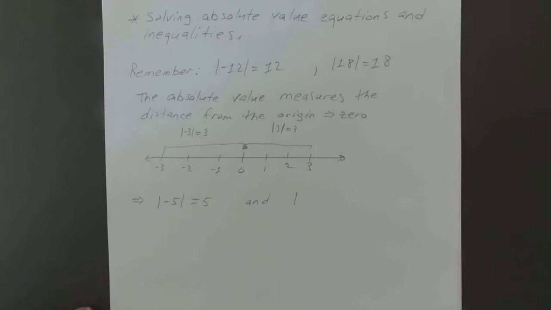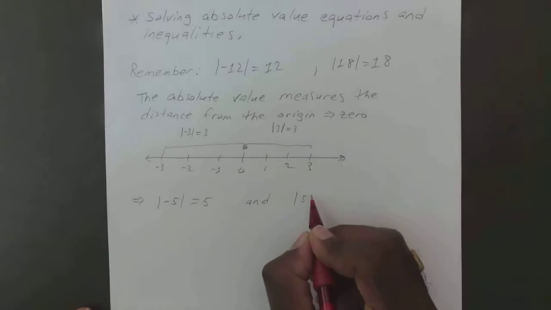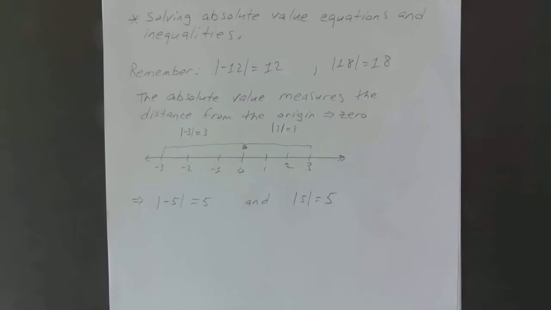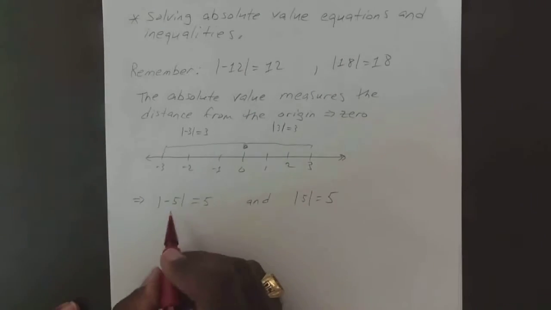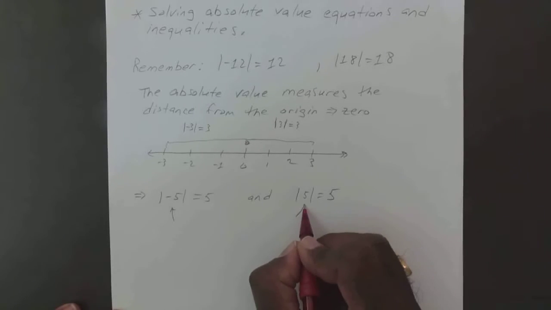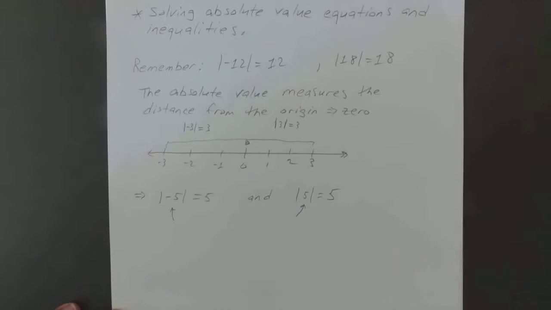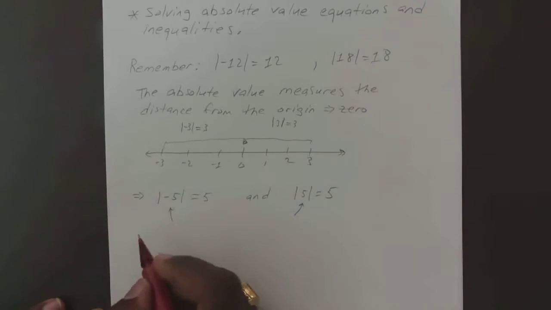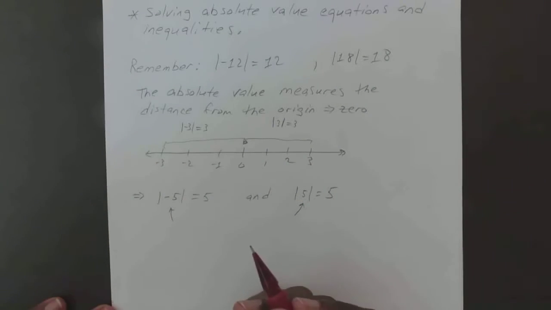And what if we have the absolute value of positive 5, which, again, we know is going to equal 5. So whatever value is in here, it can be either positive or negative, and you'll get the same answer. That leans us toward a general solution.